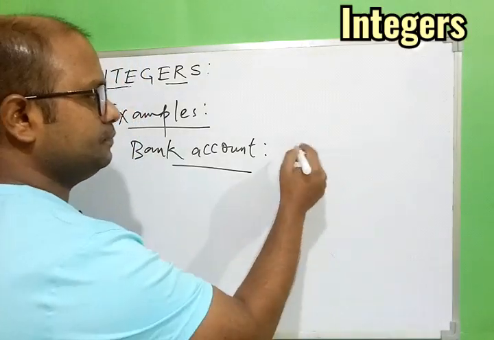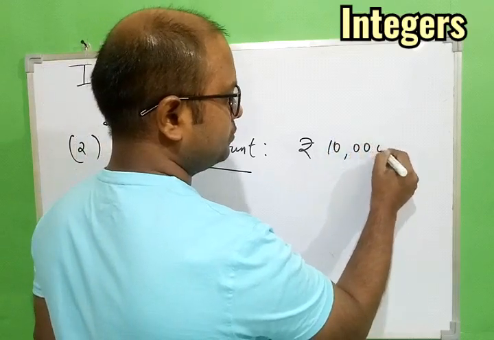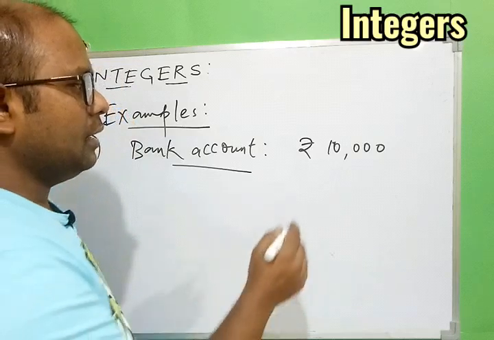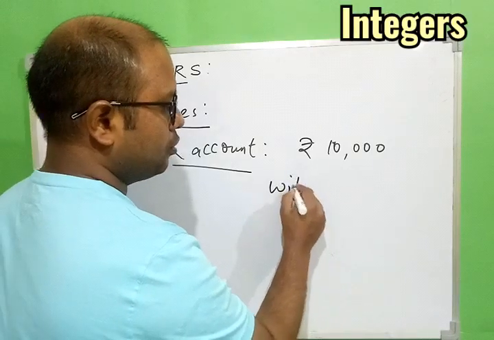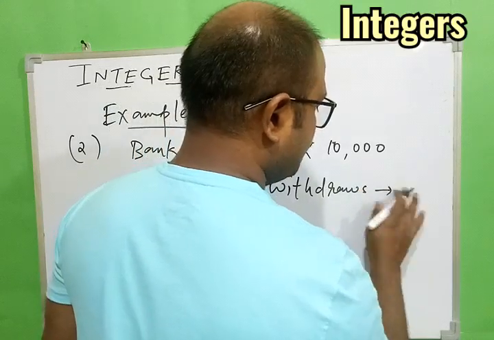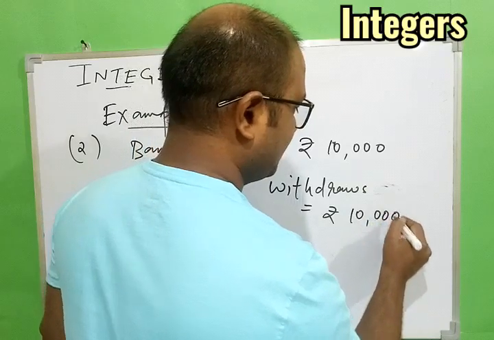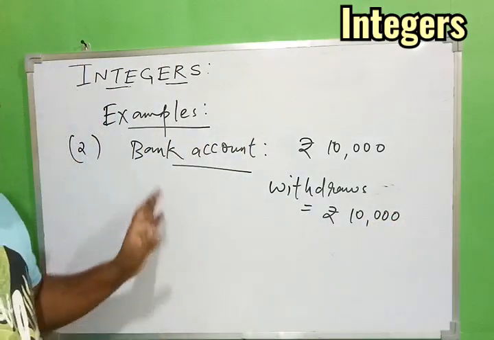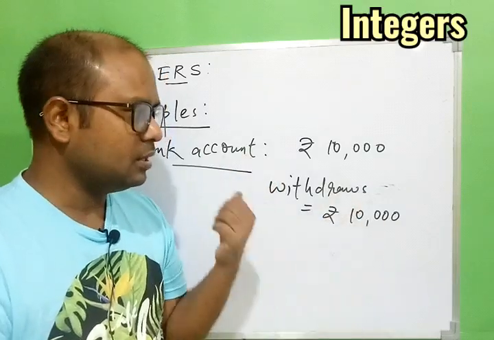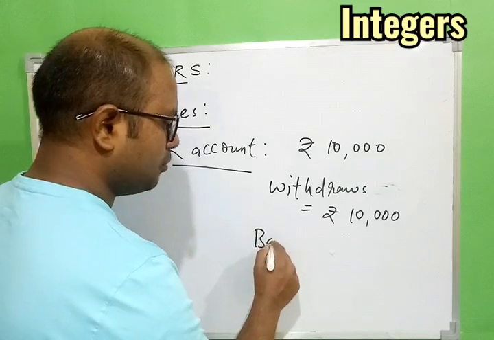A person has an amount of 10,000 in his account, and he withdraws the total amount, that is 10,000 rupees. So he withdraws all the amount, that is 10,000 is drawn. How much is left? The balance will be how much?